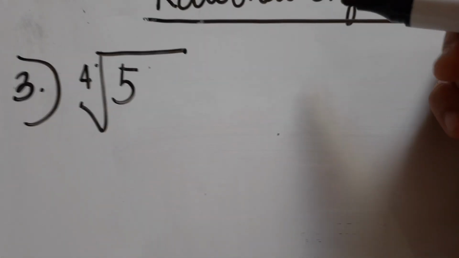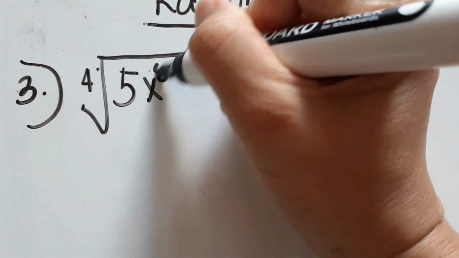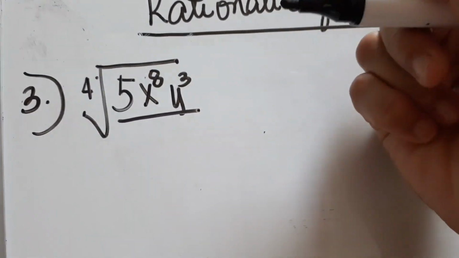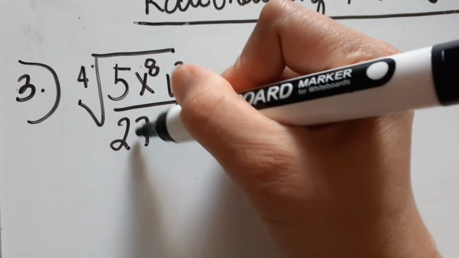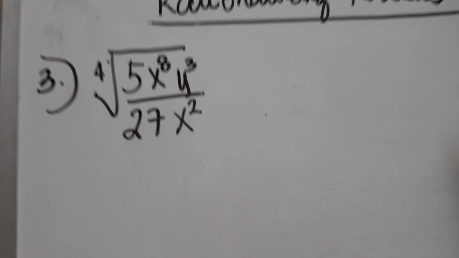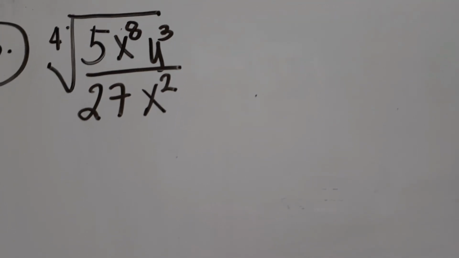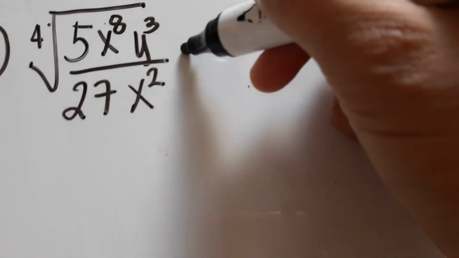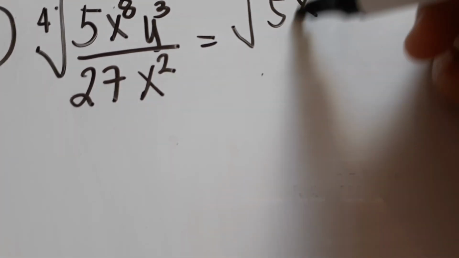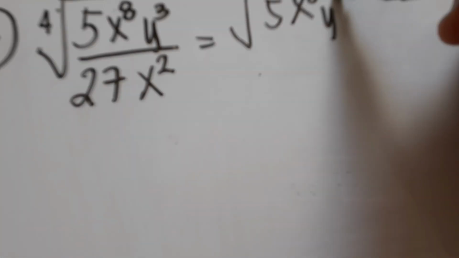Fourth root of 5x raised to the power of 8 y cubed over 27x squared. So we can separate its numerator and denominator: fourth root of 5x raised to the power of 8 y cubed over fourth root of 27x squared.